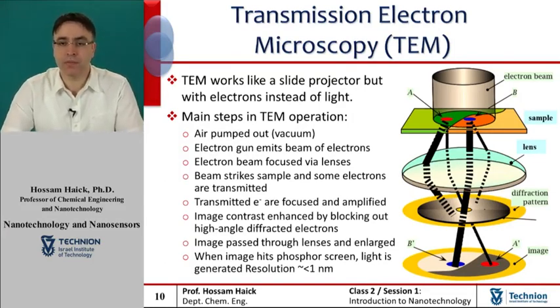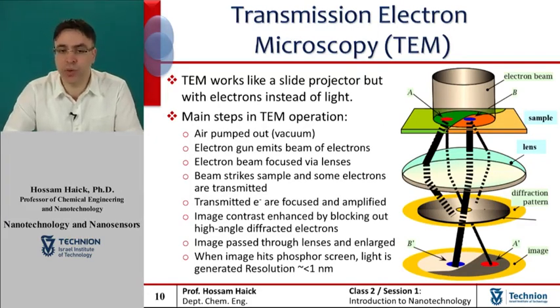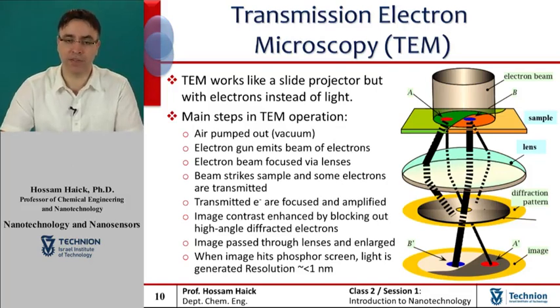The eyepiece is replaced by a fluorescent screen or digital camera. The electron beam emerges from the electron gun and passes through the specimen, transmitting electrons which are collected, focused, and projected onto a viewing device at the bottom of the column. The entire electron path from gun to camera must always be under vacuum, or more specifically under ultra-high vacuum.